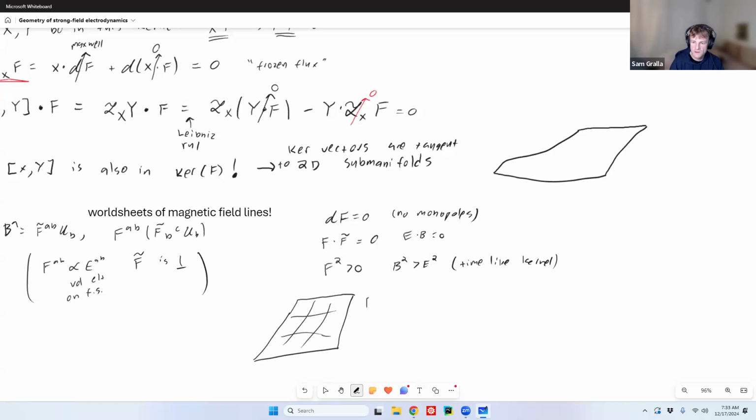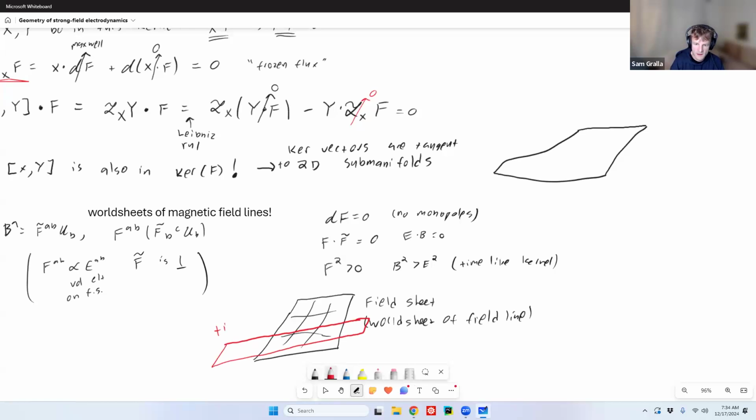So you can imagine this is a field sheet, which is a world sheet of a magnetic field line. And then if you want to know about a normal field line, you just take any slicing. So if you're in flat space-time, maybe it's a flat slicing, but you just consider a time slice.